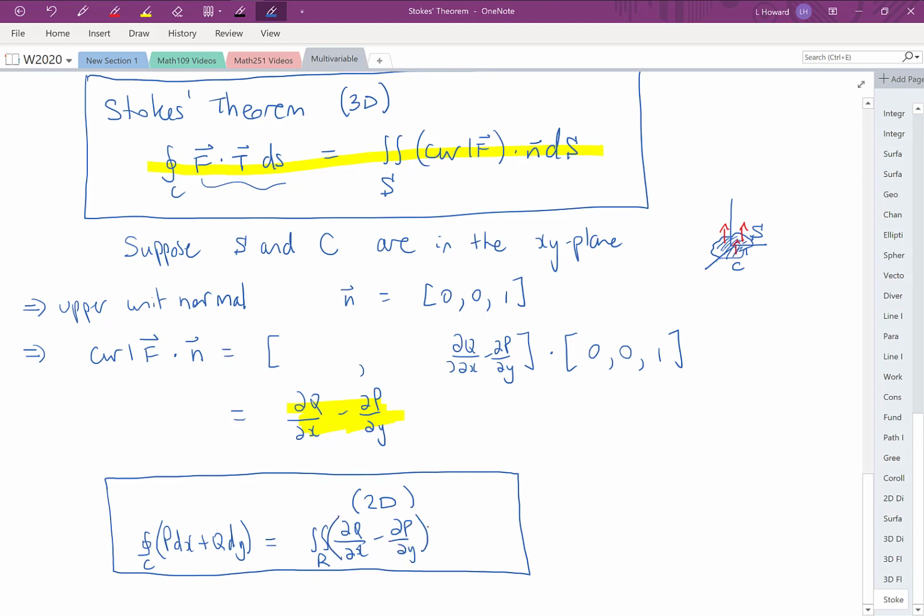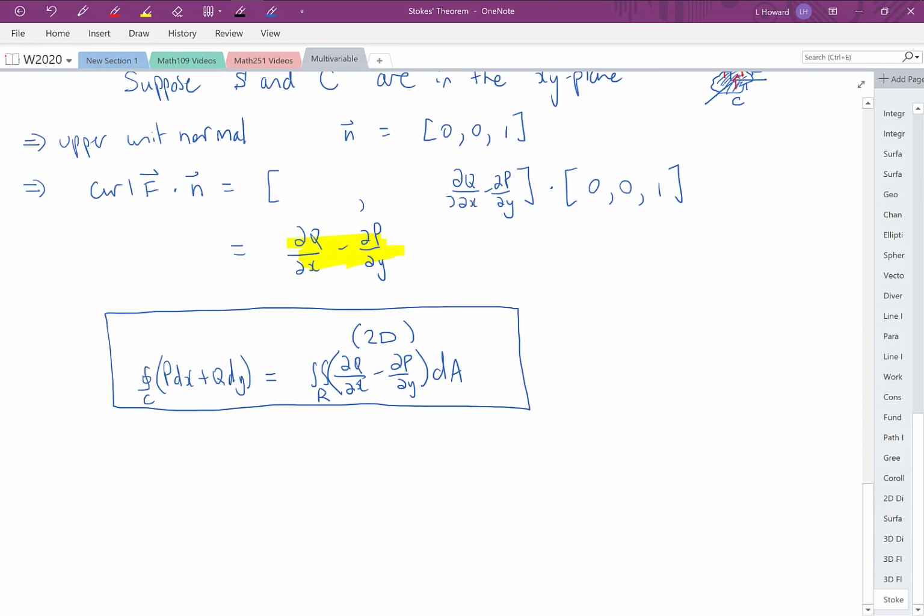Okay, and then because we're integrating over a region of the xy plane, we would write dA here for our dy dx. So this is something we've seen before. This is Green's theorem. So what we're saying is that Green's theorem is a 2D version of Stokes' theorem.